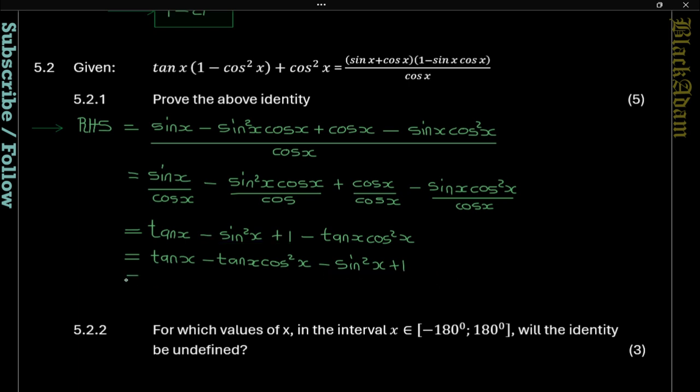Then from there we're going to factor tan x out, so we have tan x bracket, that will be 1, and that will be cos squared x, so that's the other side.